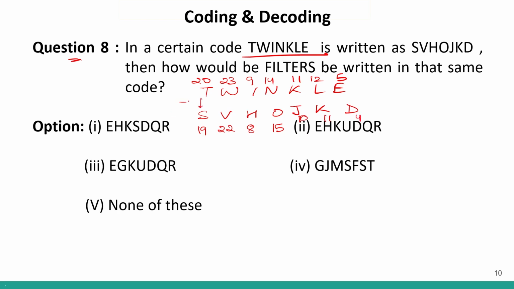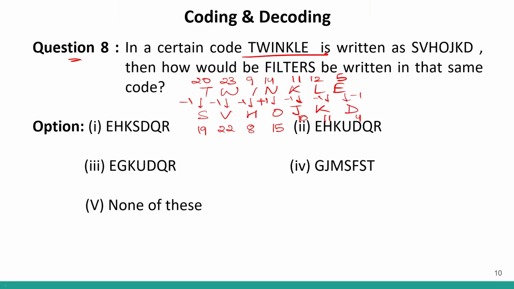So this is -1, this is -1, this is -1, this is +1, this is -1, -1, and -1.